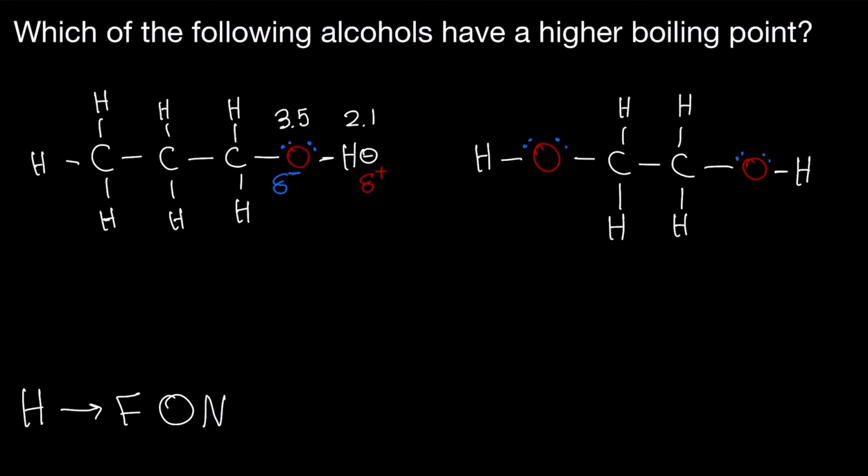Now, what is the mechanism by which it is going to make the boiling point go up? So if I redraw the same structure as we have here, obviously when you have propanol, you're not just going to have one molecule of it. You're going to have lots of propanol molecules in a container.